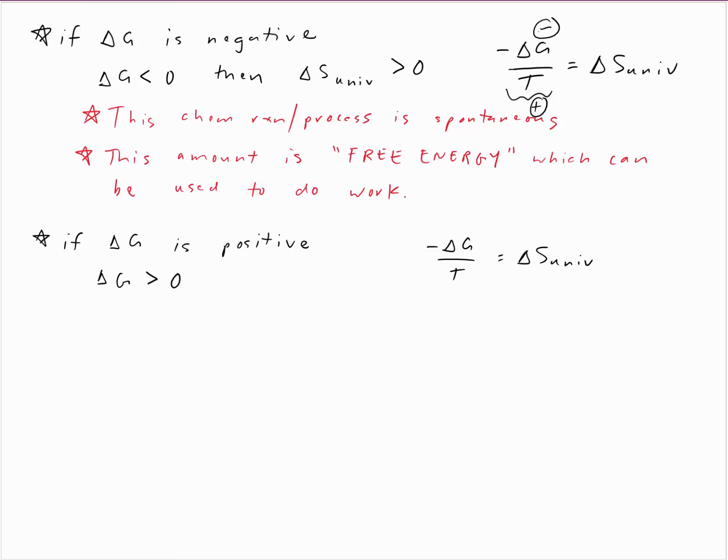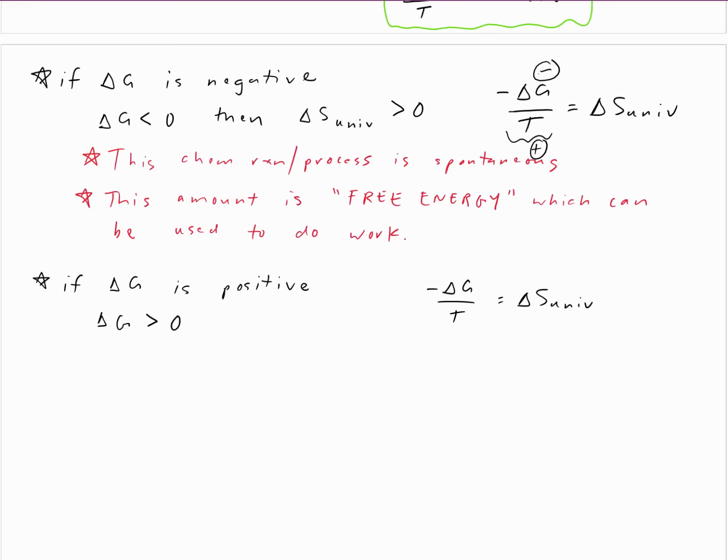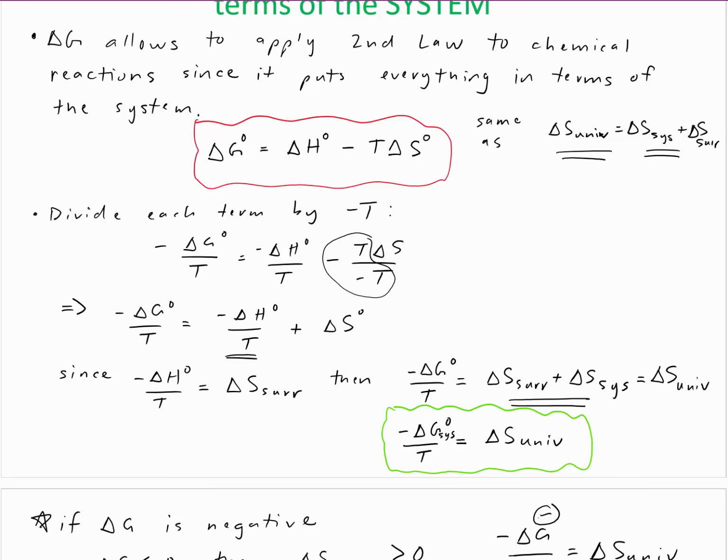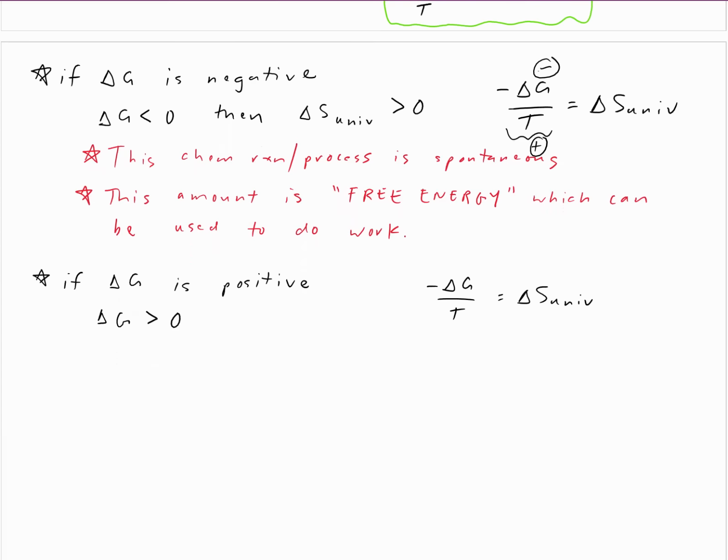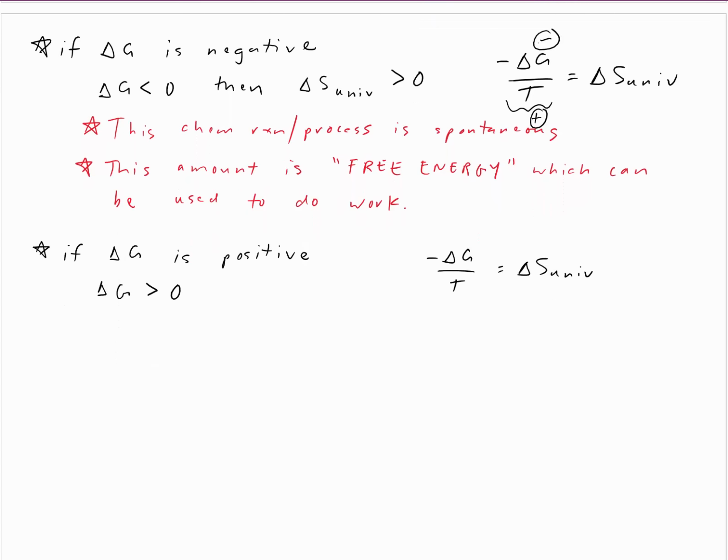Okay, and if you calculate delta G using this equation and you end up with a positive number, so let's say you plug in a positive for this, then this term right here is negative, and delta S universe will be less than 0 because it's going to be negative.